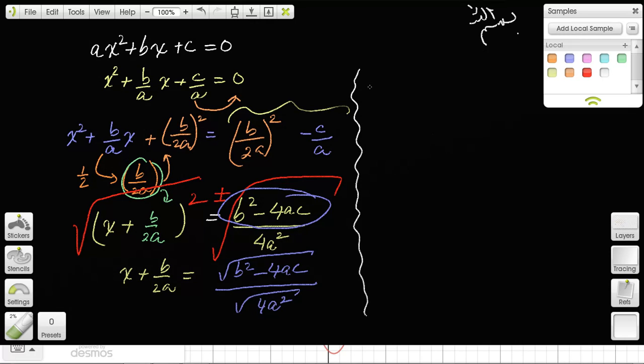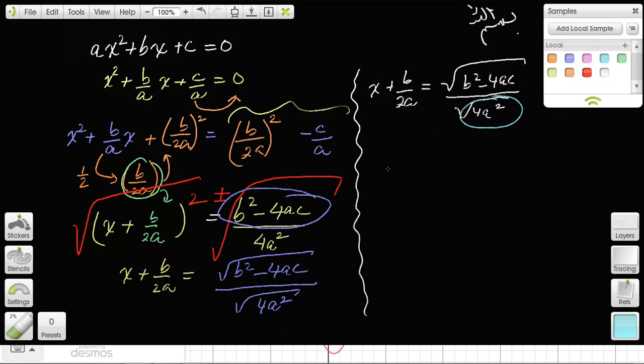So let me rewrite that. We get x plus b over 2a equals the square root of b squared minus 4ac over the square root of 4a squared. Now this you can simplify. How?